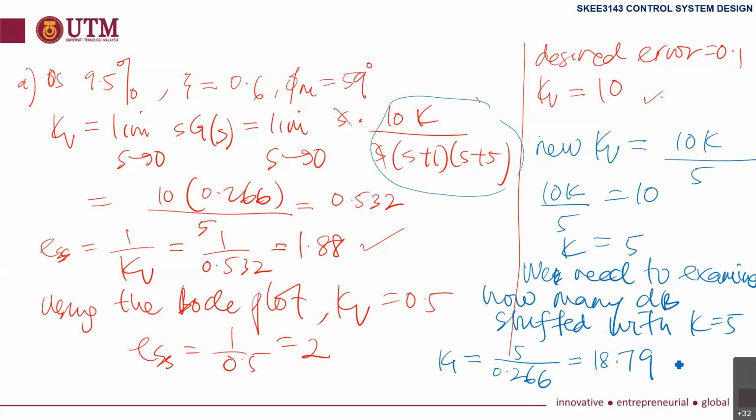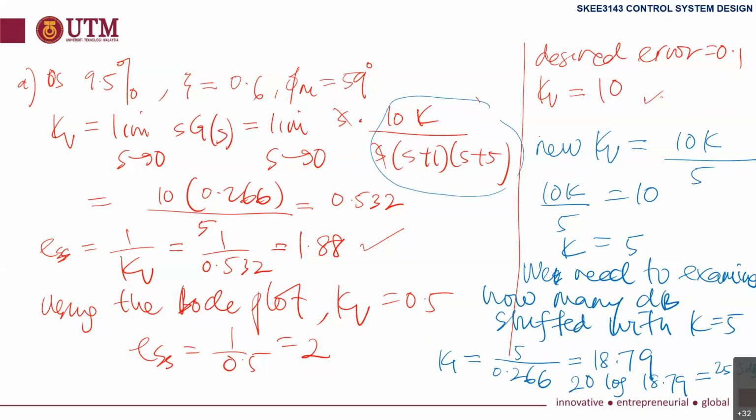And this is not in dB. In dB, 20 log 18.79 is equal to 25.5 dB. That means all will be shifted by 25.5 dB. So this is the problem. It happened because initially the Bode plot was plotted with K equal to 0.266.